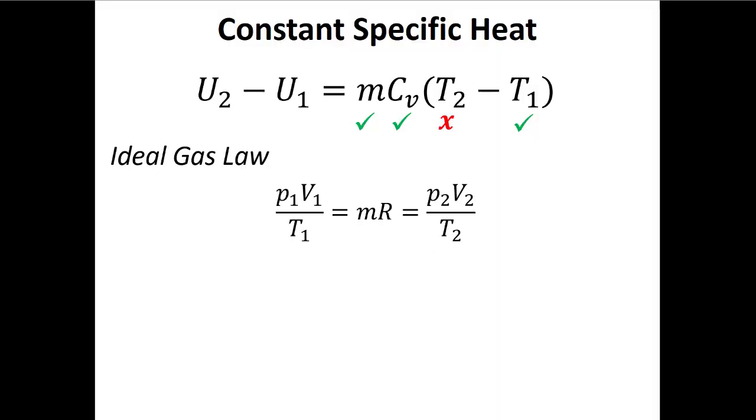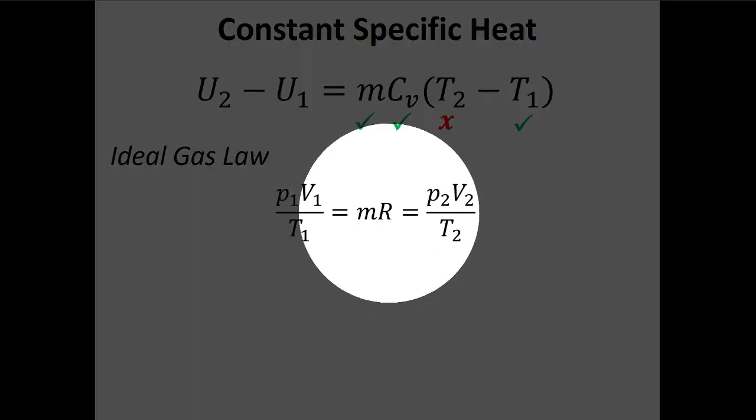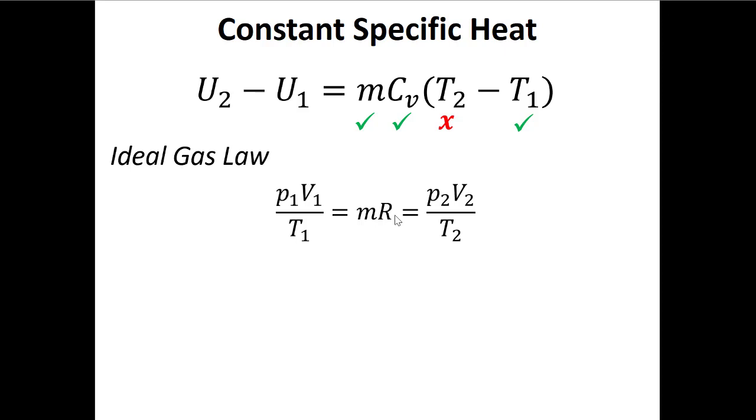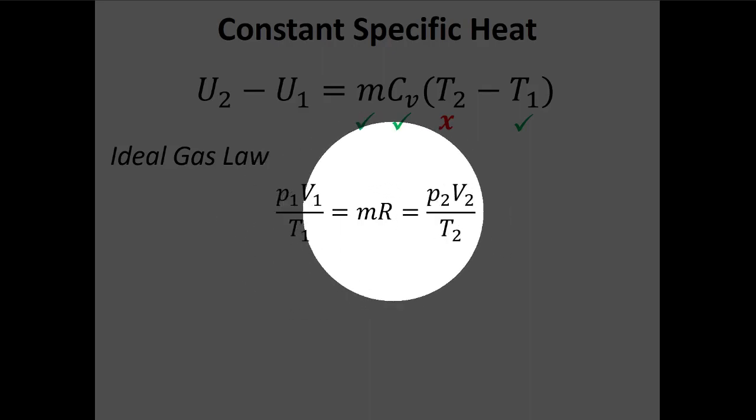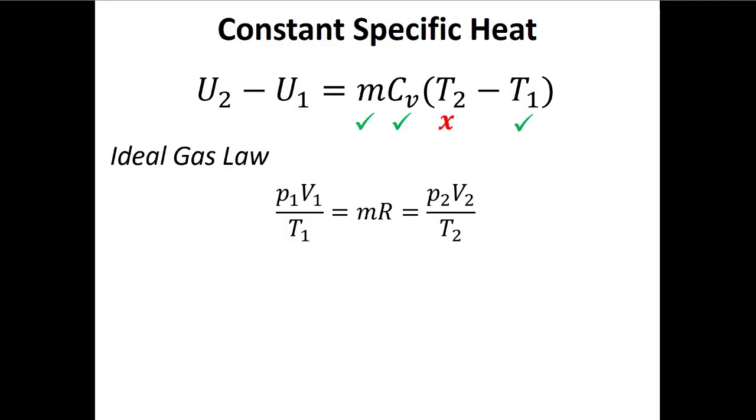And actually, M and R remain constant throughout the whole problem because we're not saying there's any kind of chemical reaction, it's only air that's in our system. So the specific gas constant is specific to air, so it doesn't change. If that's true, P1 V1 over T1 is equal to P2 V2 over T2.